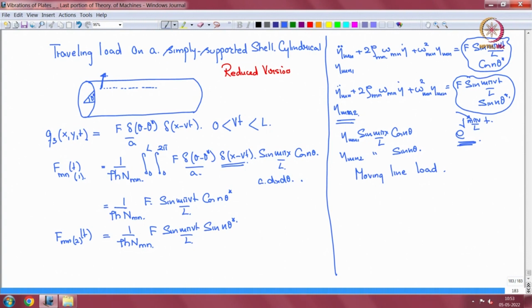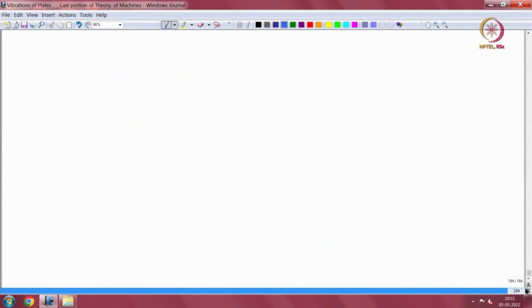Now next, as we are talking of shells, I will give you one last example. So a line force on a simply supported cylindrical shell.